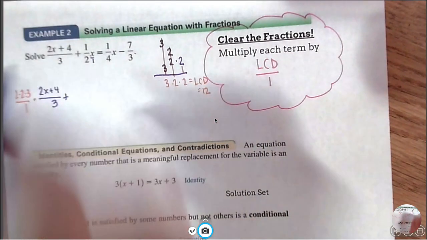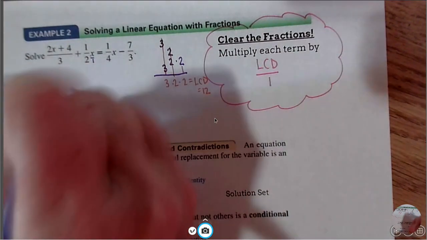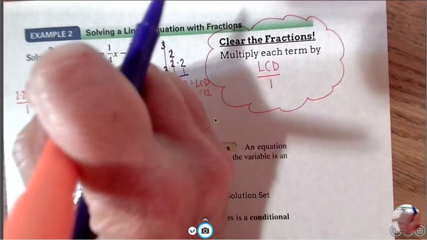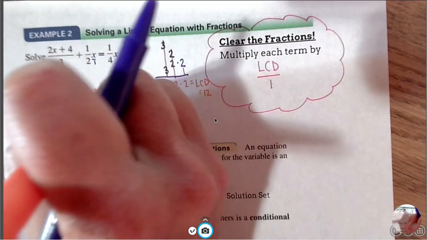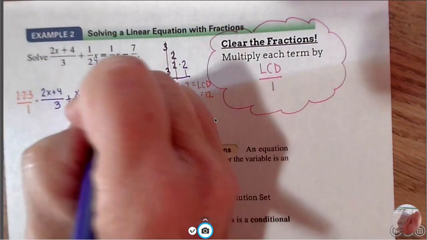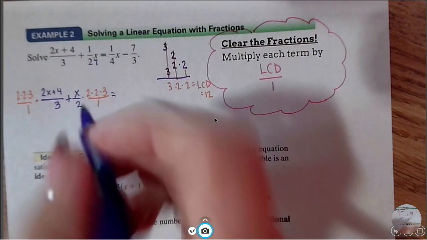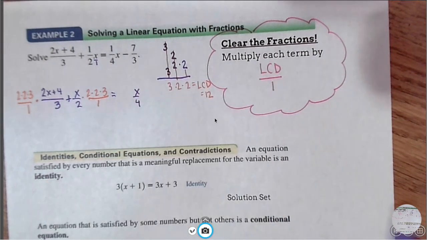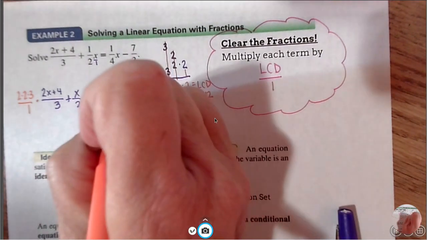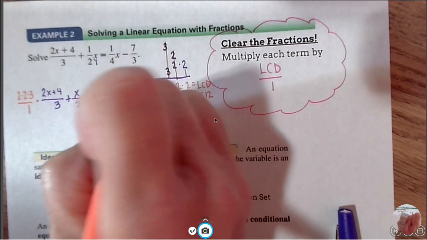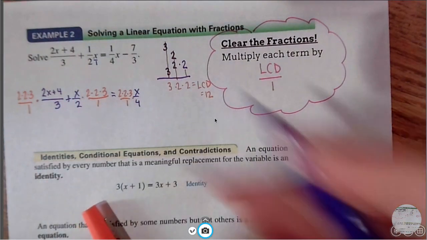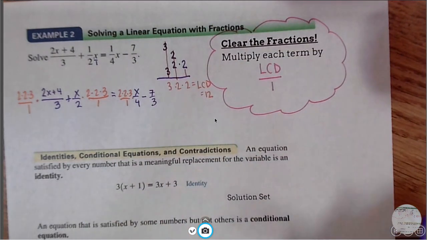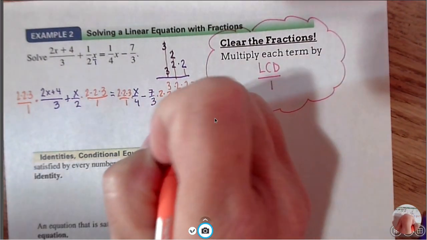So this is going to be x over 2, and I'll multiply that by that LCD, 2 times 2 times 3 over 1. And then equals, I'll do the same thing here, so that makes it x over 4 that I'm multiplying by the LCD over 1. And then I have subtraction, 7/3 that I will multiply by 2 times 2 times 3 over 1.